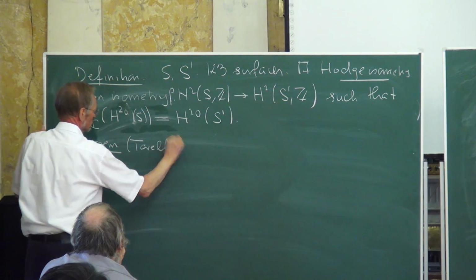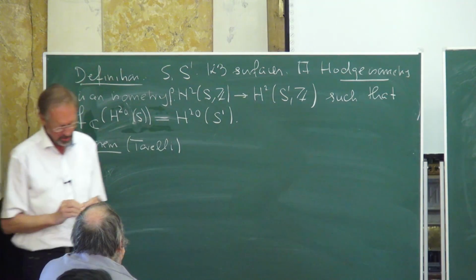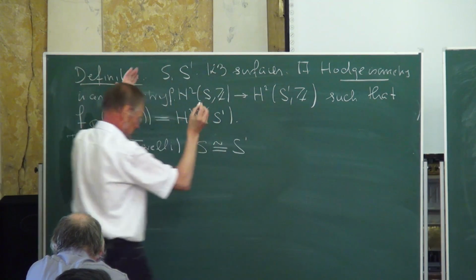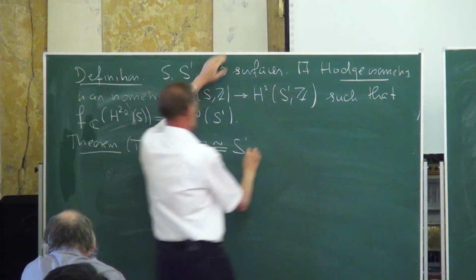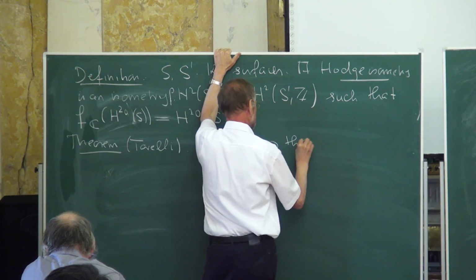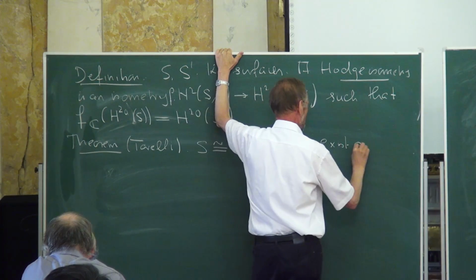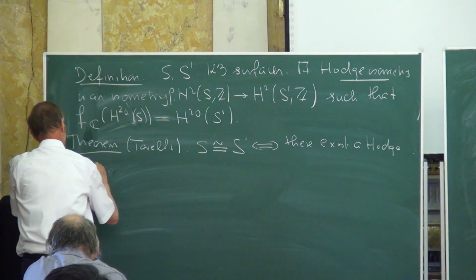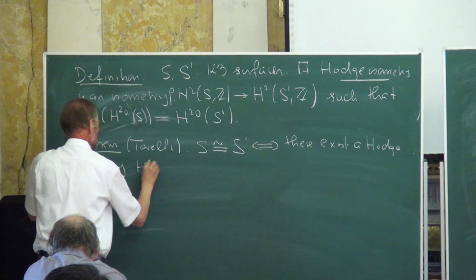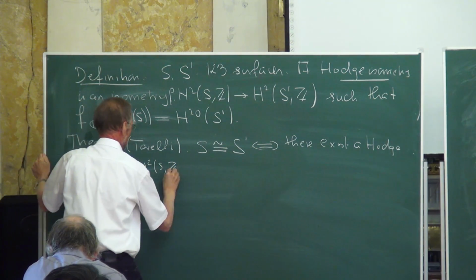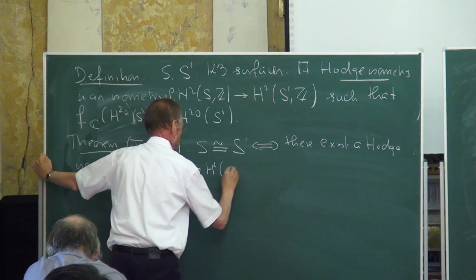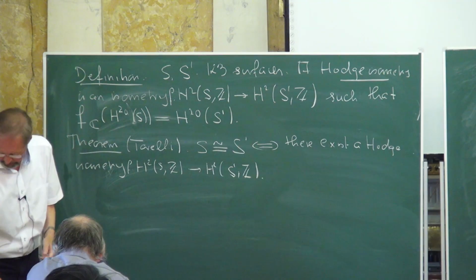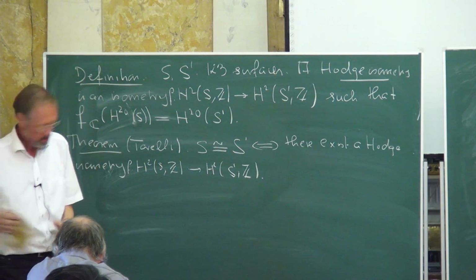This is the so-called weak Torelli, but the Torelli theorem says that S is isomorphic to S prime as complex surfaces if and only if there exists a Hodge isometry F from H2(S, Z) to H2(S prime, Z). Okay. Now that puts us into a good position.